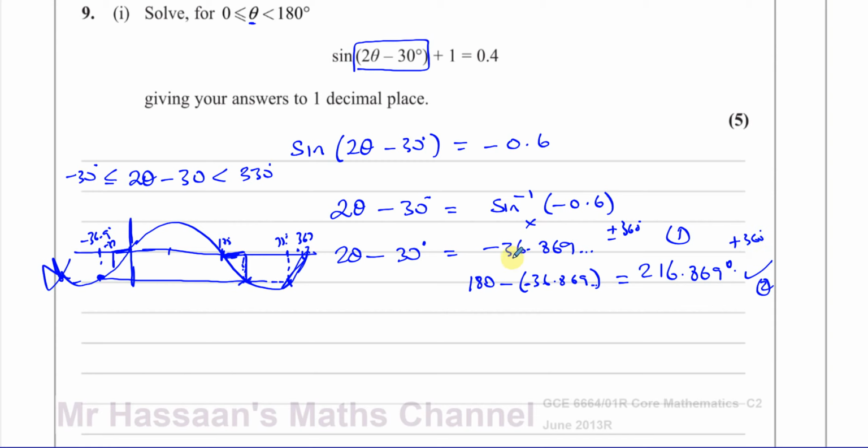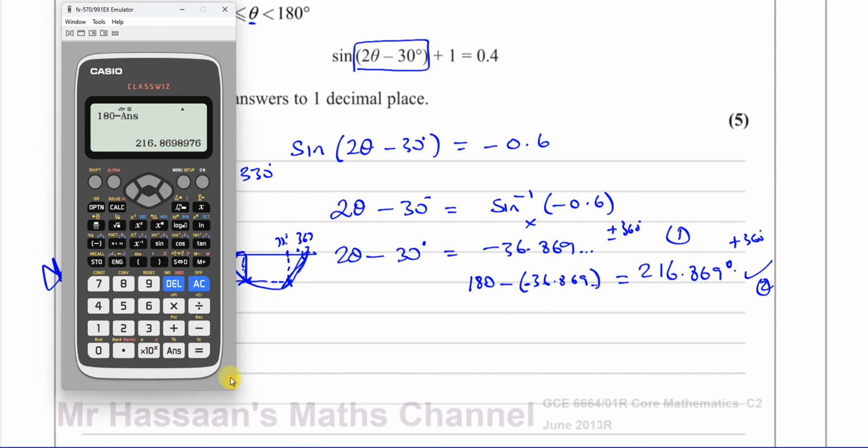Now if I add 360 to negative 36.869, I'm going to take this answer here. One second. I'm going to recall my last answer. I'll recall A. So that is negative 36.869.